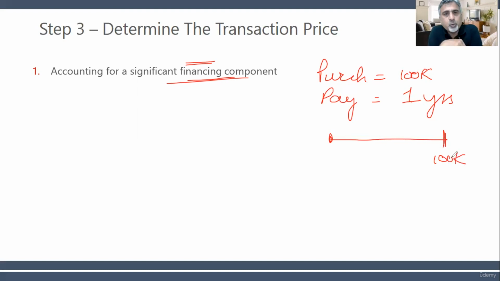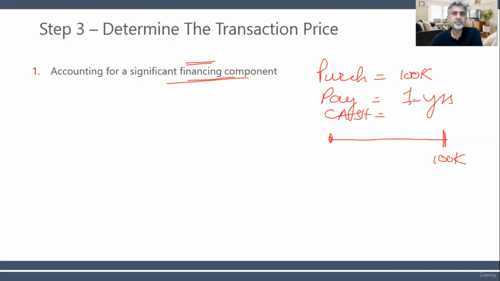Now, one thing is for sure, it would have come to my mind that I will go to my supplier and I ask him that, see, you say that pay 100K after 1 year. What if I pay you today? What if I pay you in advance? If I pay you now, don't you think that there will be some discount? Don't you think that the cash price would be less?